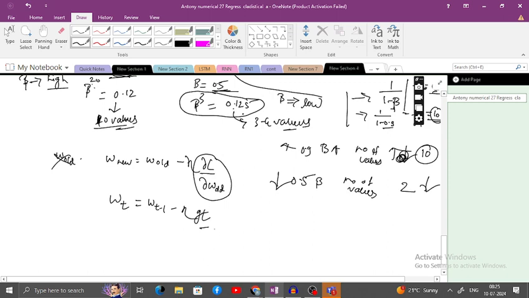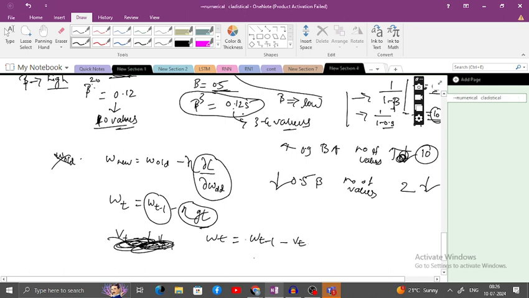Now, instead of this, I will write it like this, so as not to confuse you: Vt is equal to gamma into V of t minus 1 plus eta into gt. So Wt is equal to W t minus 1 minus Vt.